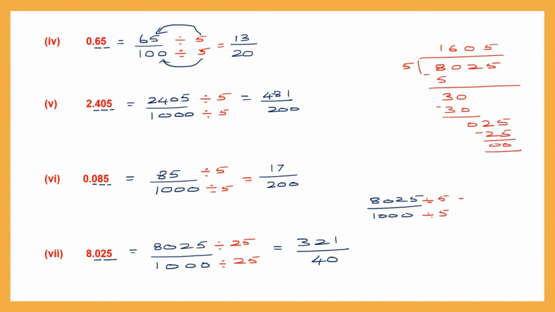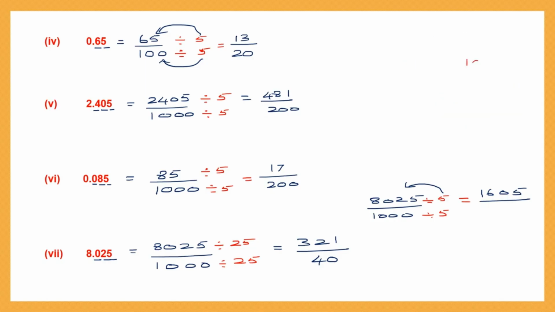So we finish dividing that. So here what do we get? After you multiply 5 into 1605, you get 8025. So we have got 1605, and in the denominator 1000 divided by 5. So let's divide 1000 by 5. 5 twos are 10. We've got that, minus, then we have 0, and then we have 0 again.